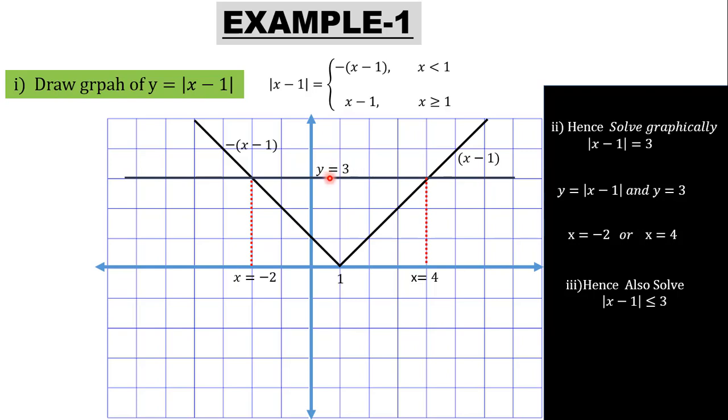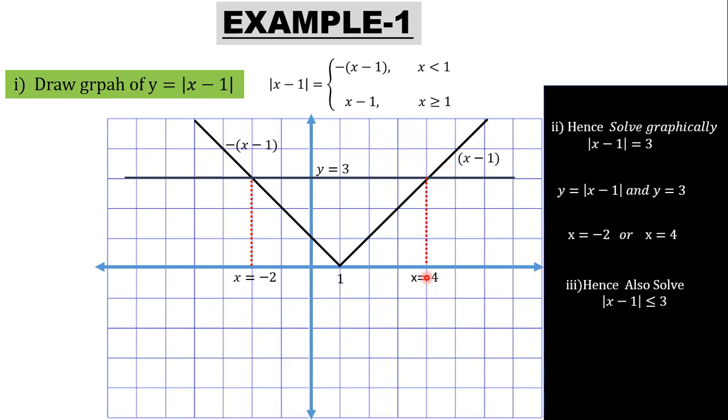And it is obvious from the graph that from here onwards to the right, the values of this graph are less than this. See, if I consider this point, it is less than y equals 3. If I consider this point, it is less than 3. If I consider this point, it is less than 3. However, if I move to the right of 4, now y equals 3 is less than the graph of the modulus of x minus 1.